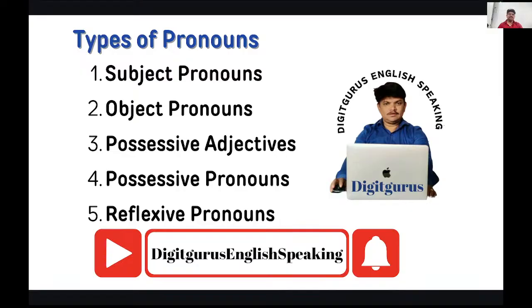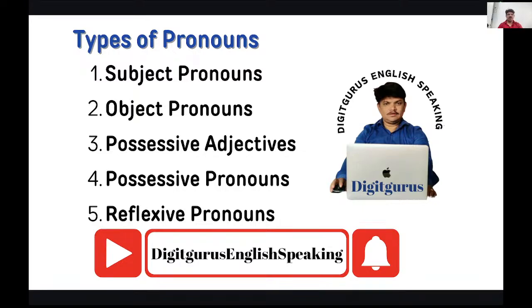Now you see, if we are going to call somebody by noun, then we cannot call him or her again and again using the same noun. We'll have to replace something.